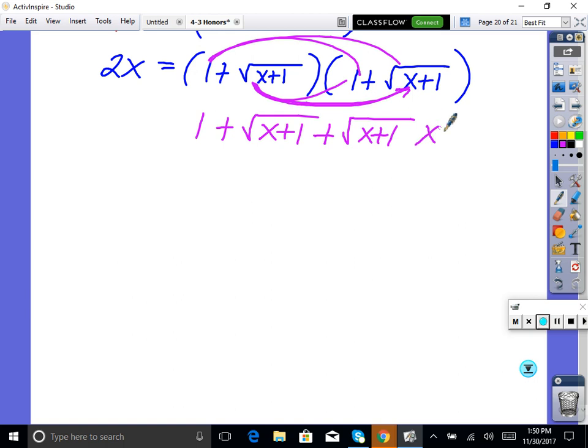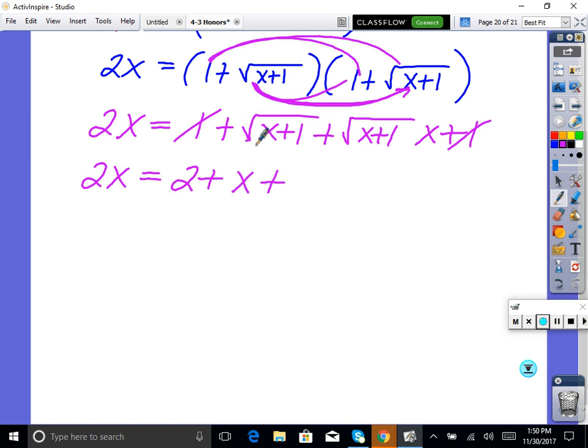So I want to be, yep, x plus 1, everybody. Does everybody understand why it's just x plus 1? Group 7? Okay. So we had 2x equals this. Let's combine like terms. 2x equals 1 plus 1 is 2 plus x plus how many root x plus 1s? 2 root x plus 1s.